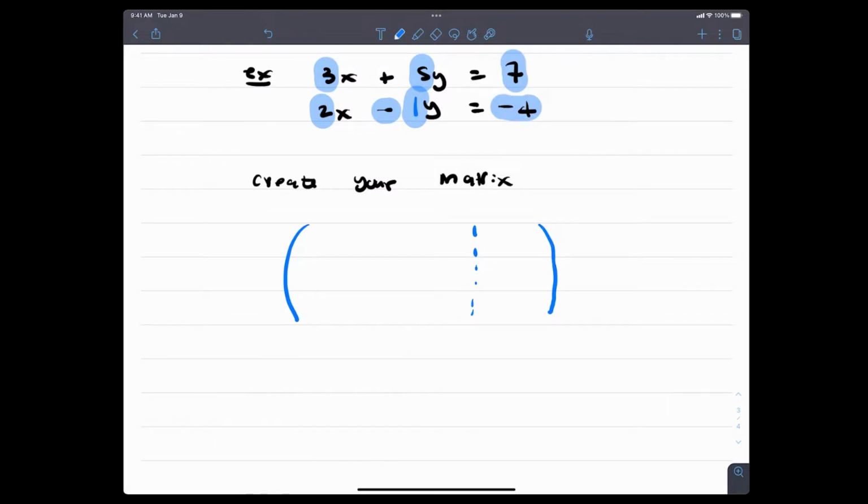So what do I write down for the first row? 3, 5, 7. Does that make any sense? These are the coefficients. What about for the second row? 2, negative 1, negative 4.